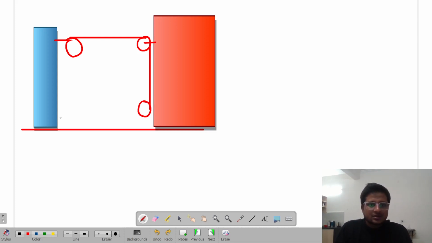And this pulley is attached with this thread over here. Again, one more thread, and this is attached with a block. You will enjoy making questions like this.